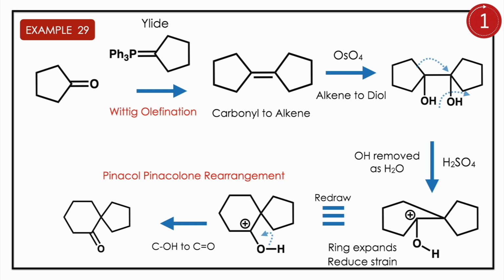Sulfuric acid can remove the OH as water. It forms a cation. The cation has to be quenched. So the only pathway is ring opening: the ring opens and forms a cation near the alcohol. The cation near the alcohol quenches with the carbonyl, and you end up with the final product. We start from a cyclic compound and end up with a spiro compound.